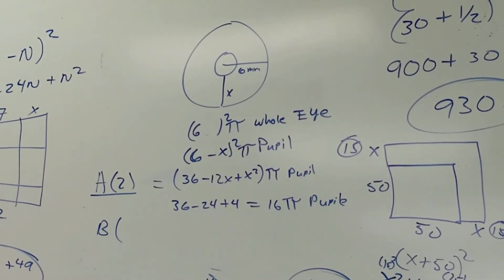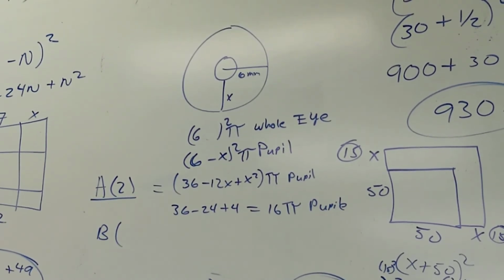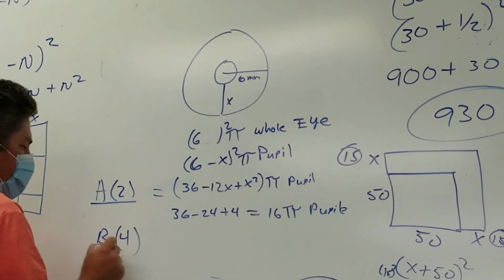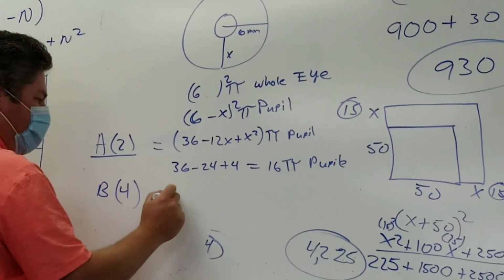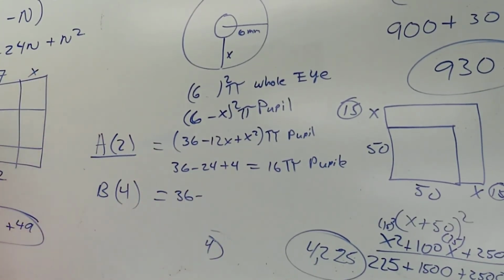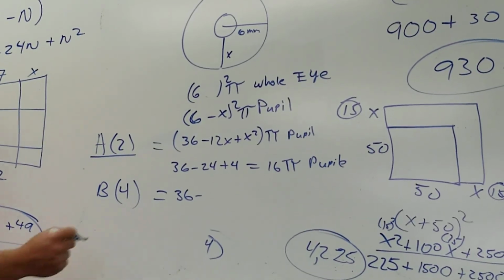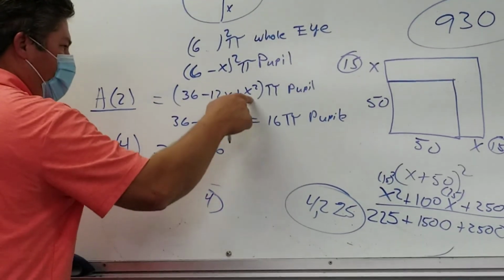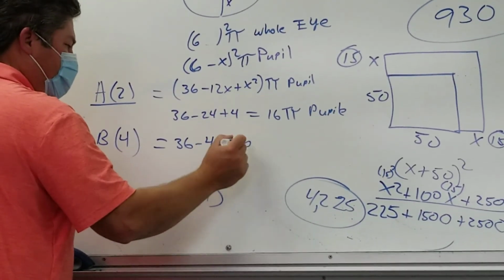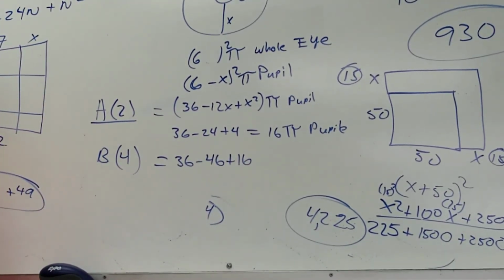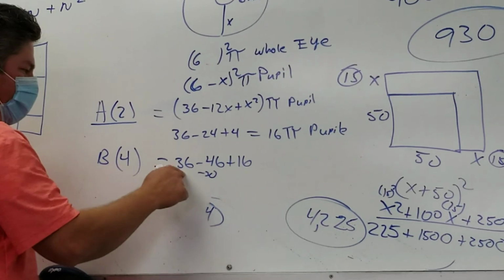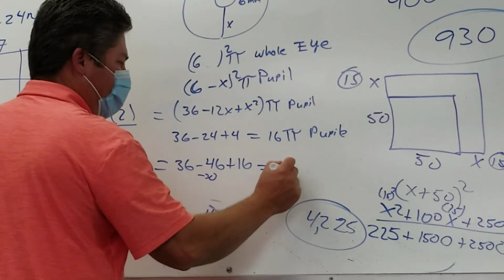What was the value of x? 4. So let's put in the 4. What's 4 times 12? 48. 4 squared is 16. 16 minus 46 is negative 30 plus 36.